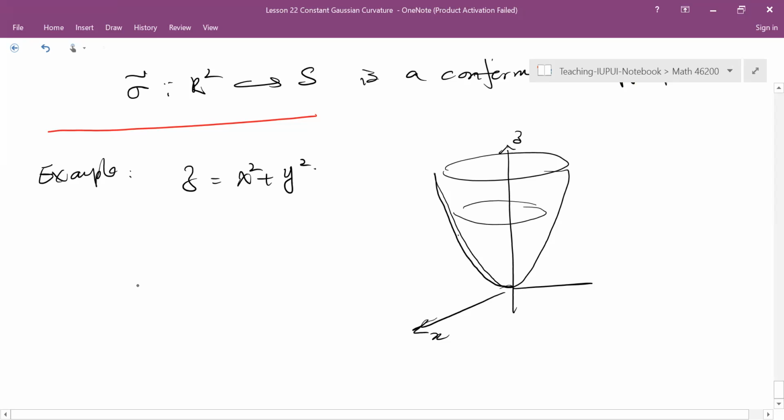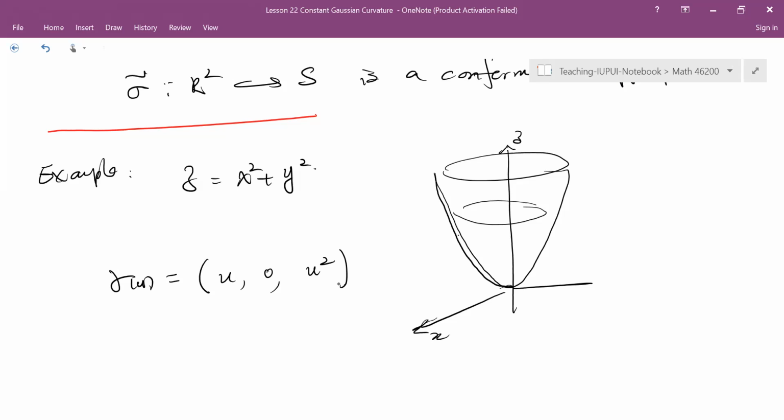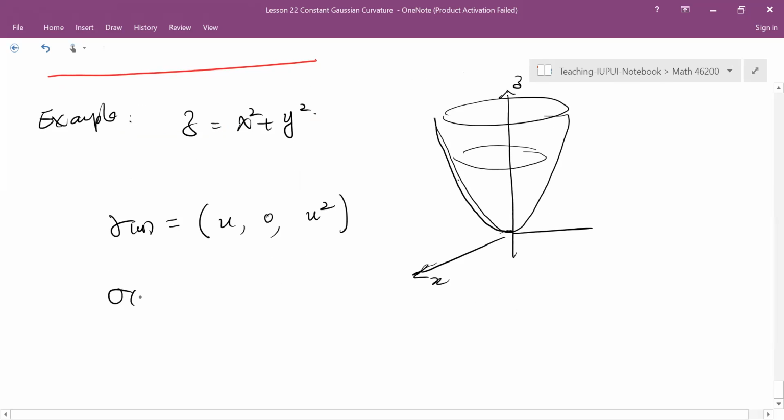So gamma of u is going to be u, 0, u squared. But you need to split the curve. One of the possible parameterizations: for each point x, there is the corresponding value z.